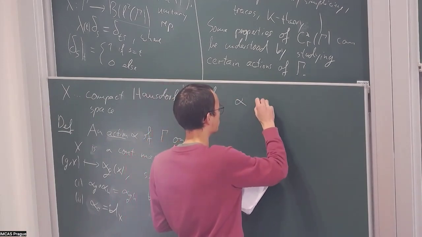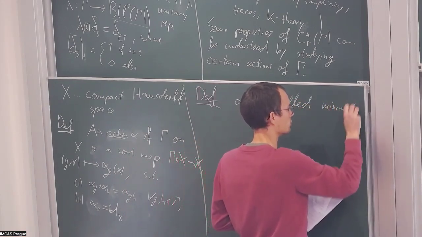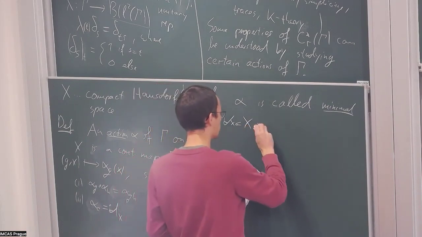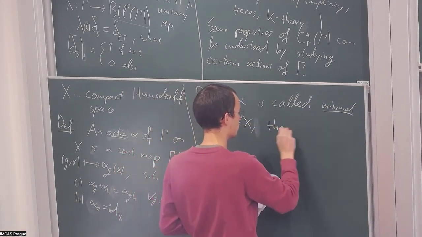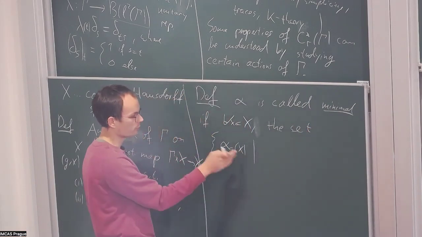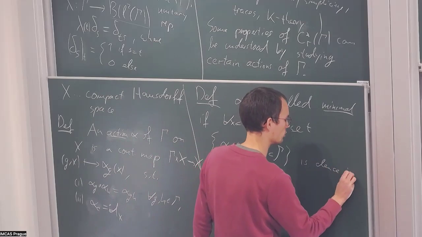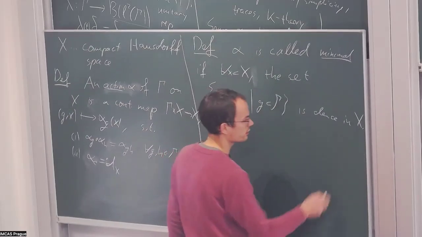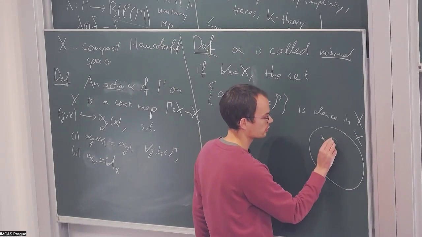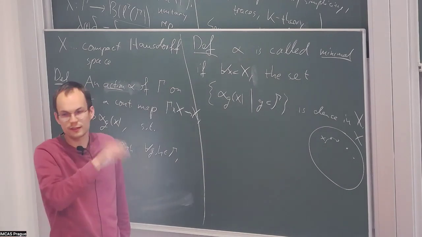So an action is called minimal if for all x in X, the set of all points which I can reach from x by applying the action is dense in X. Right, so what this is saying is that if I have my space, and now I take my point x, and now I move around using the group action, then I see the entire space, basically.